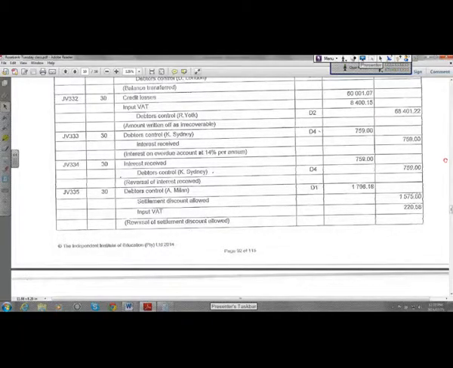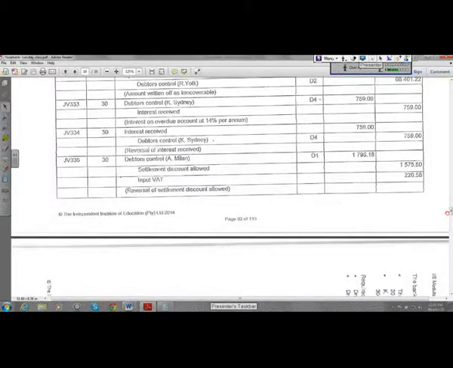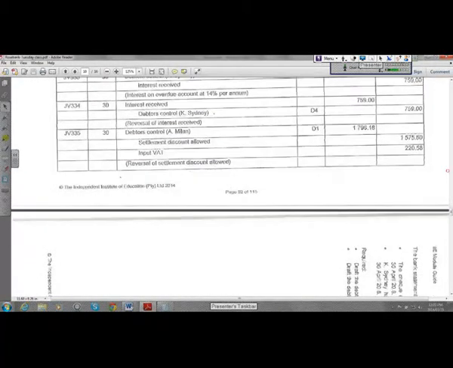So there was some funny business with Mr. Milan: he was given a discount and this discount was reversed. This explains why there's something funny with Milan.